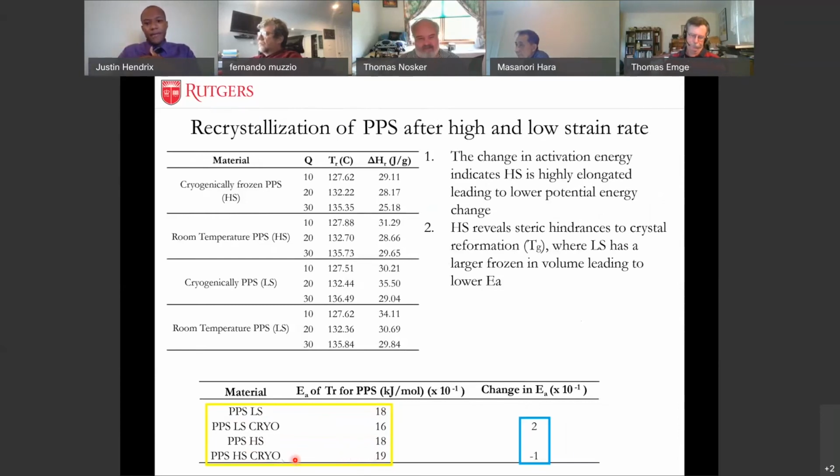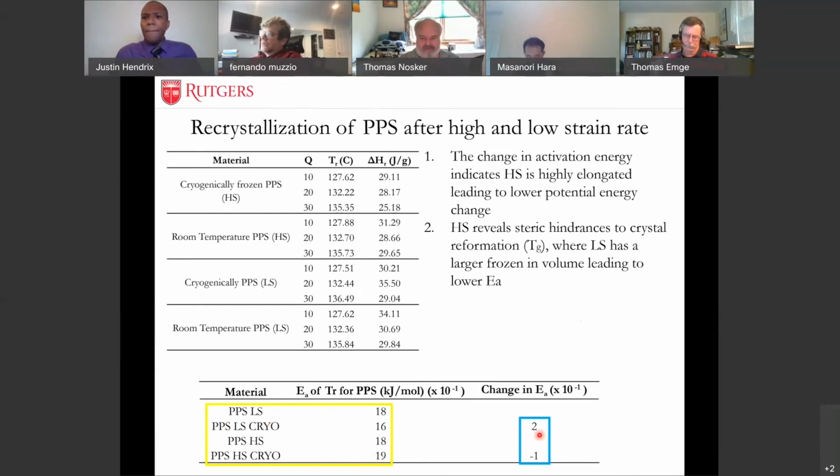And if you look at the frozen-in state, it has a slightly higher activation energy. And so that means that it's still in intimate, close contact. And as it's trying to recrystallize, it's trying to eat up that energy for recrystallization to happen. And it's much higher compared to, let's say, the cryogenically frozen, where it's not as highly deformed. You can see that's one of the reasons why the sign is negative, because of the steric hindrances that are going on in that system.